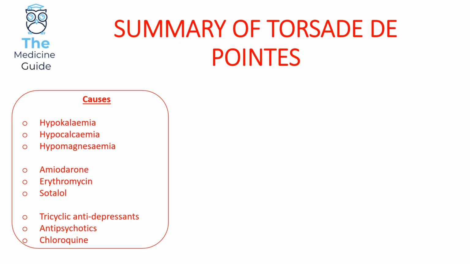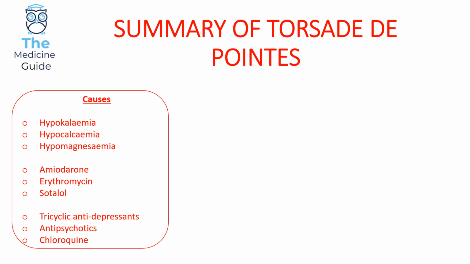Now, hypomagnesemia isn't particularly high yield, that's why I didn't include it in the video. However, you do need to be aware that patients who suffer from hypomagnesemia, as well as patients with hypokalemia and hypocalcemia, can eventually fall into a scenario where they suffer from torsade de pointes.